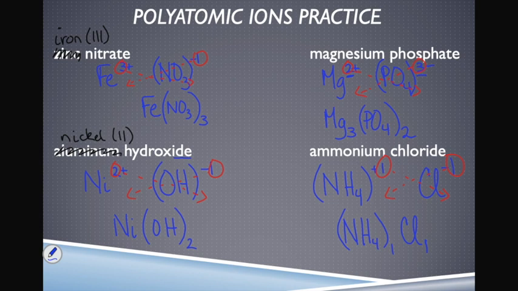We also don't need the brackets when we have just one polyatomic. So since I only have the 1 ammonium, I'm just going to write NH4Cl. That is the formula for ammonium chloride. So no subscripts, because they're both 1s, and no brackets needed, because I only have 1 polyatomic.